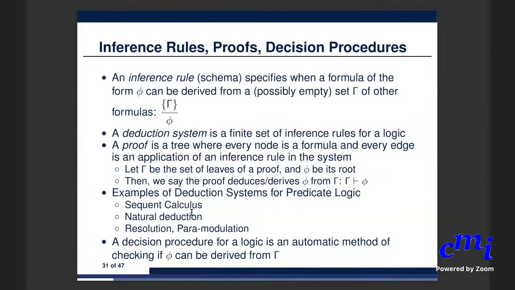For example, SAT solvers, although at the core they used a special kind of resolution, had lots of heuristics and so on. Usually decision procedures can be viewed as applying some inference rules, but they also use a lot of other tricks. So that's what SAT solvers and SMT solvers actually do for different logical systems.